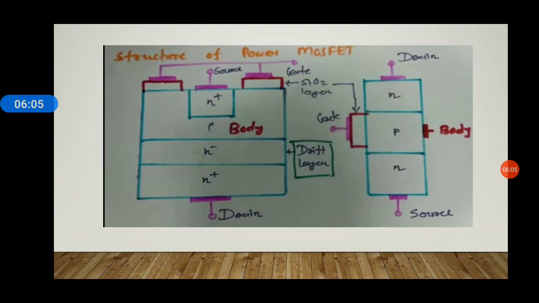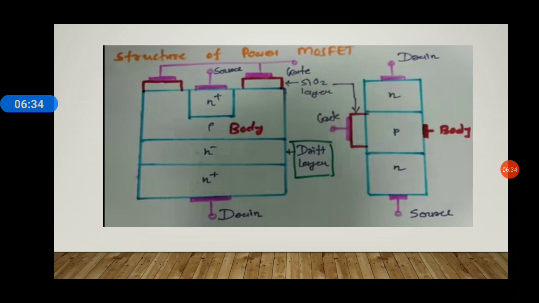Now here we see that we have an NPN structure wherein the N of the source and N of the drain are highly doped because you have a positive sign, and a body which is P, and in between there is a drift layer which is a lightly doped N region.